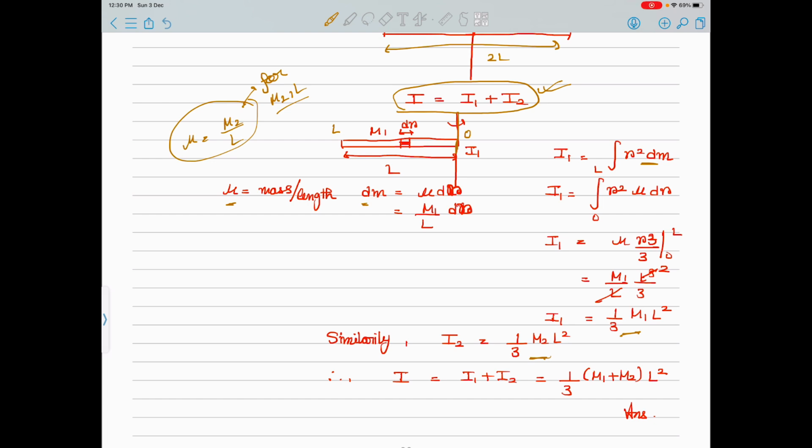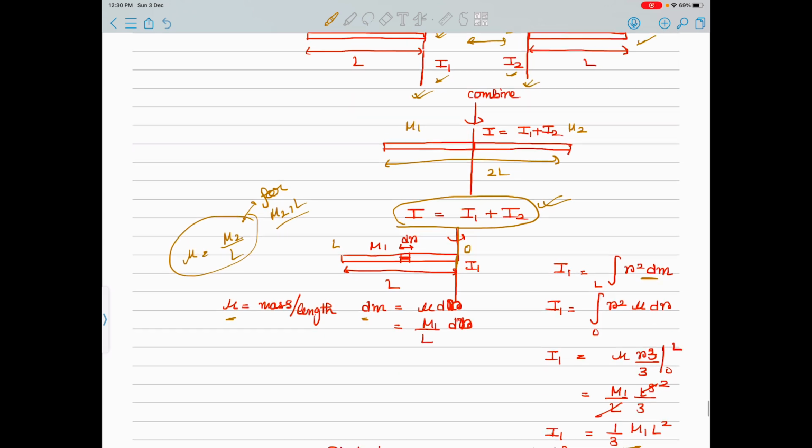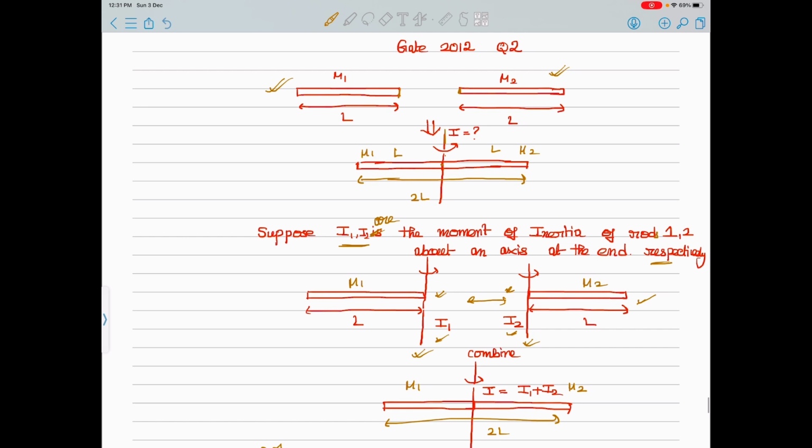And finally, if we combine these two rods at the midpoint perpendicular to the axis, the moment of inertia is nothing but the scalar addition of I1 and I2. So we get I is equal to I1 plus I2, which is one third M1 plus M2 times L square. This should be the correct option for this case, where these two rods having different masses but the same length are combined.